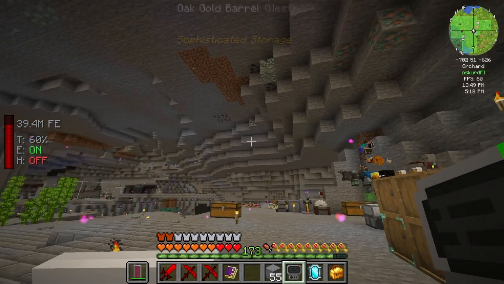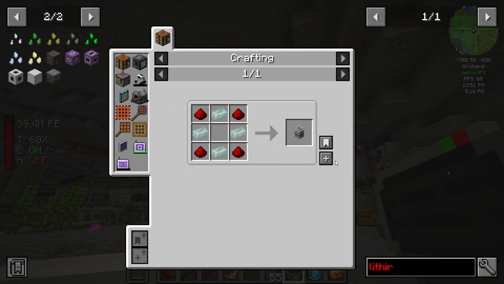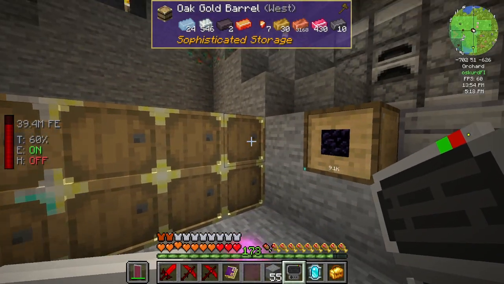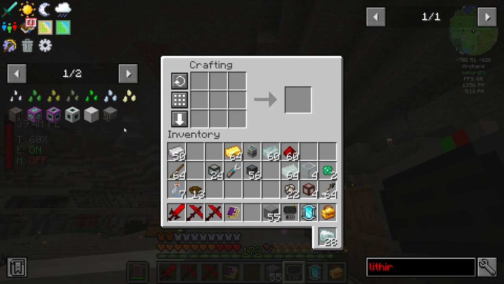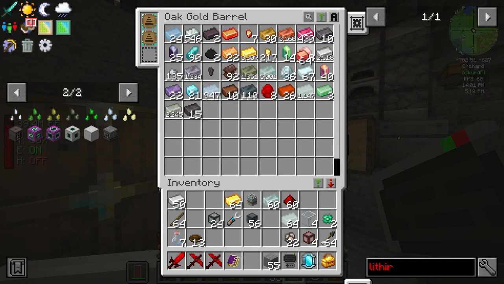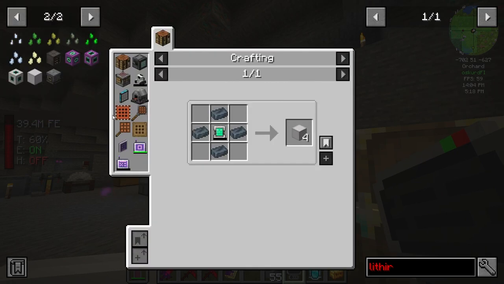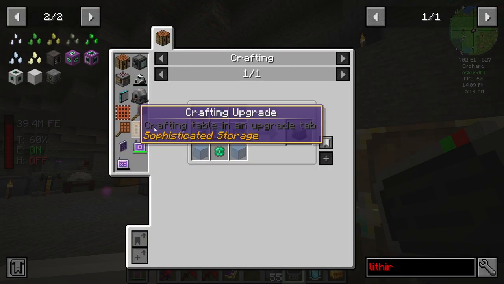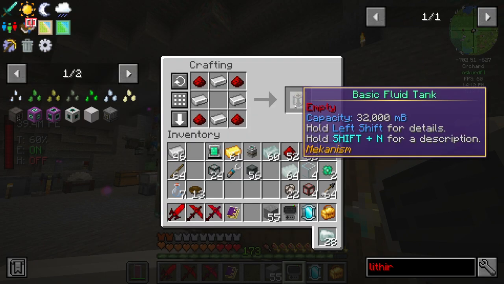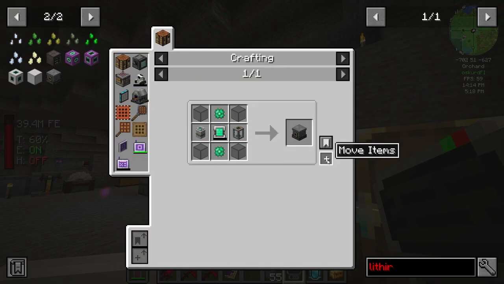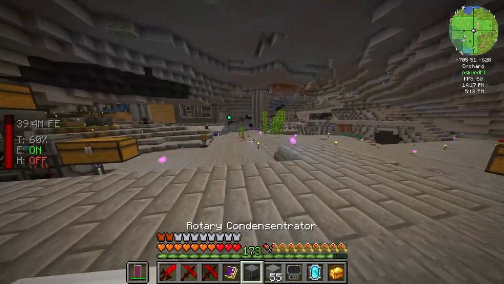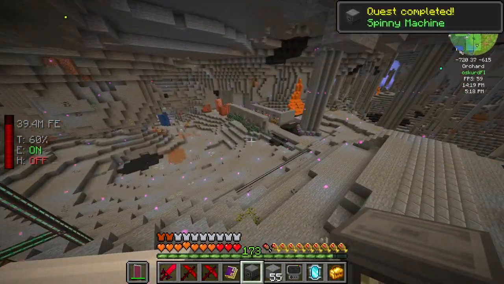Osmium. There we have it, so that one is done. Then we need gold for that one, and infused alloy. Then we need a basic fluid tank, that's done. And done. Easy as that. Spinny machine.